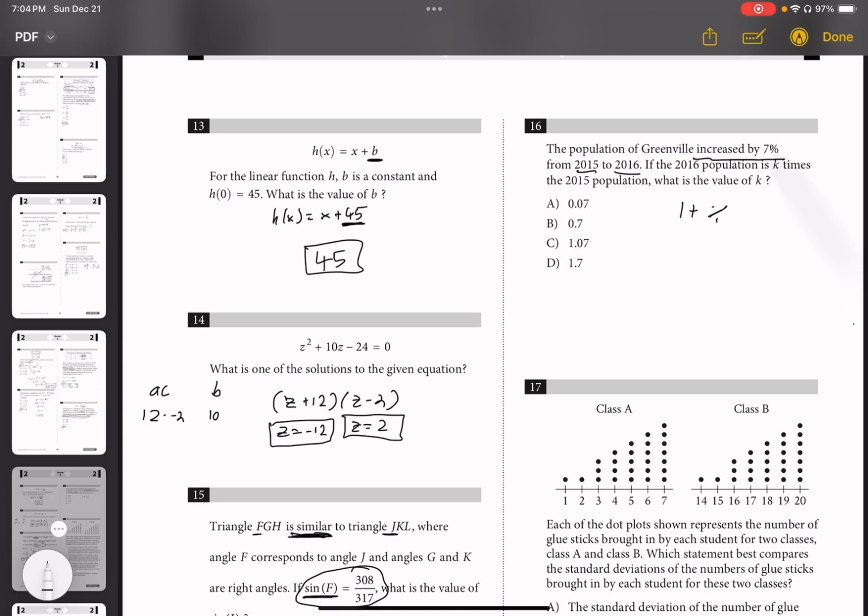To make this percentage into decimal format, we divide it by 100, so the percent divided by 100. So this would be 1 plus 0.07, which would be equal to 1.07, and that's the value you would multiply by to get your K value and the population in 2016. So C would be your answer.